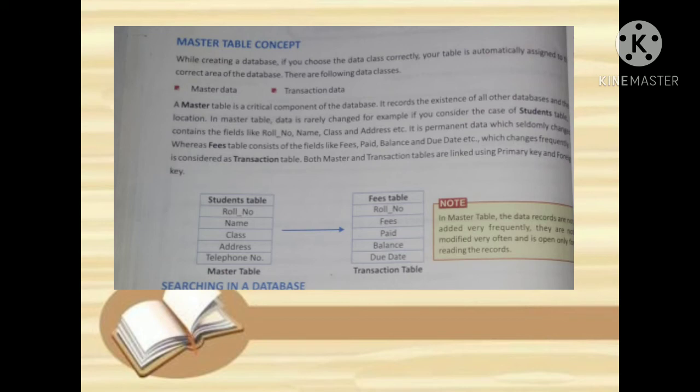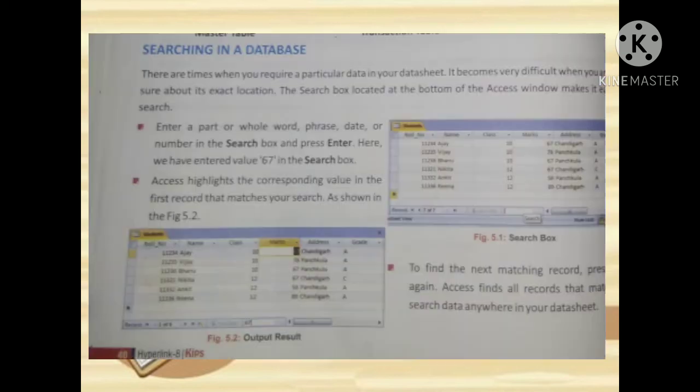Or any details regarding your subject, those all are changed frequently. So here the master table and transaction table are two different entities, and they have different features and their restrictions too.